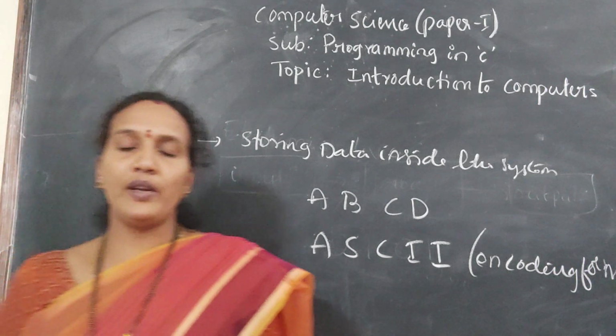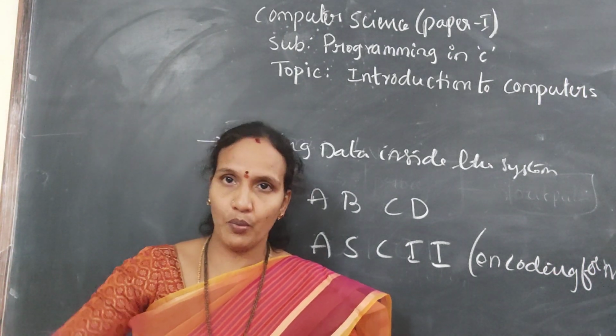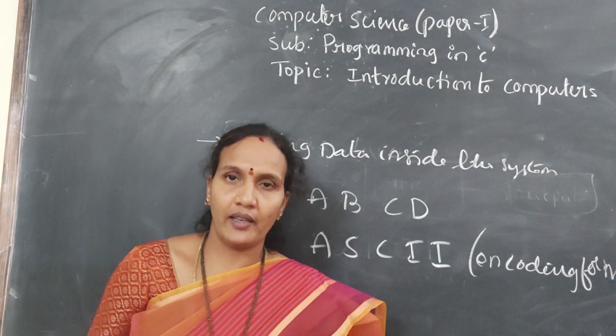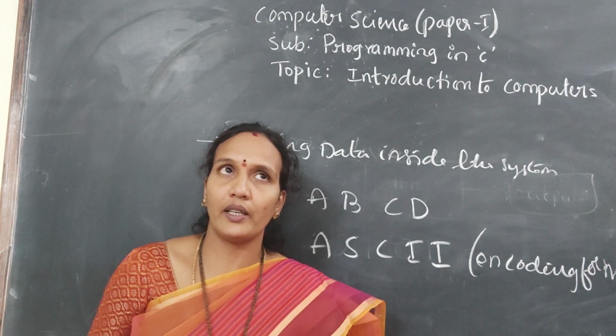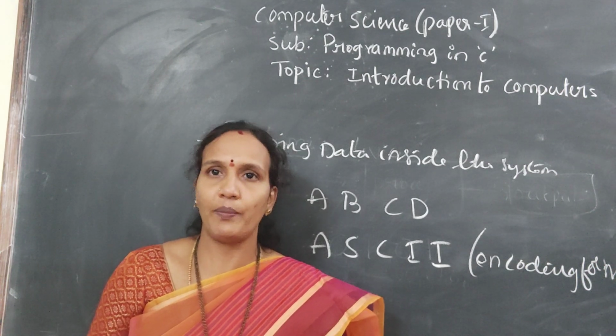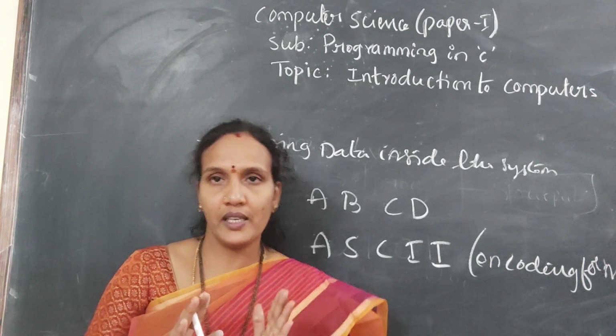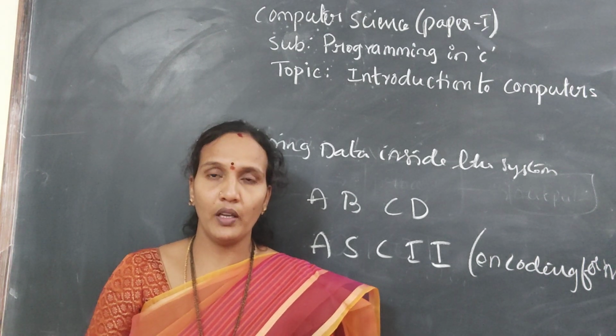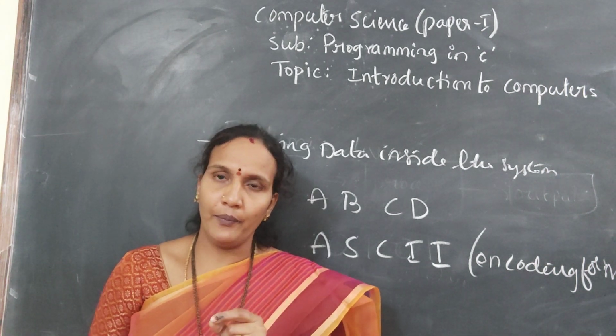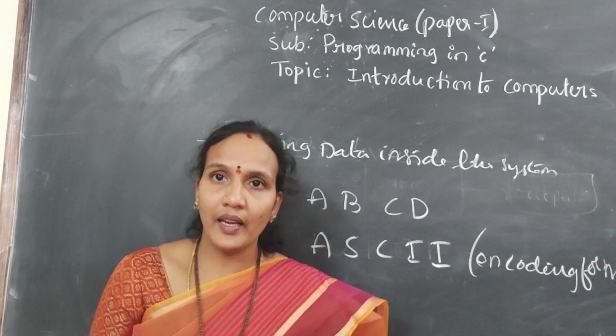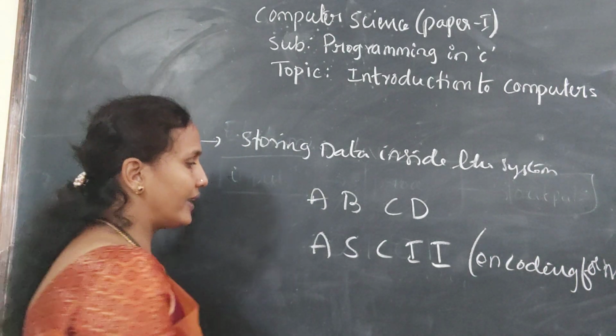Encoding format means, actually, total how many characters do we have on the keyboard? For each and every character, I think we have 108 or 104; it depends on the keyboard. Okay, 104 standard keys you will get on the keyboard. For each and every key on the keyboard, there is a standard decimal value.